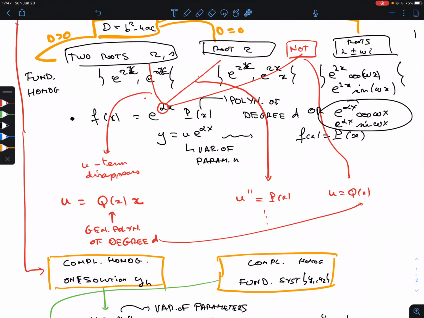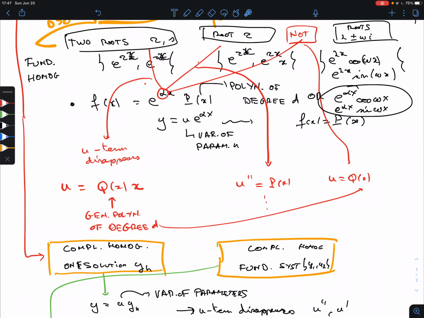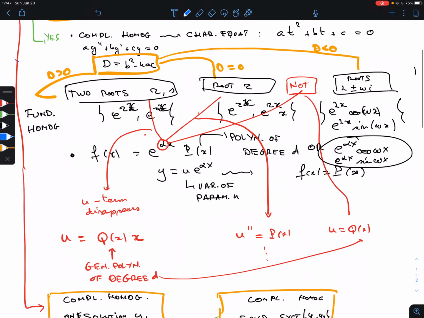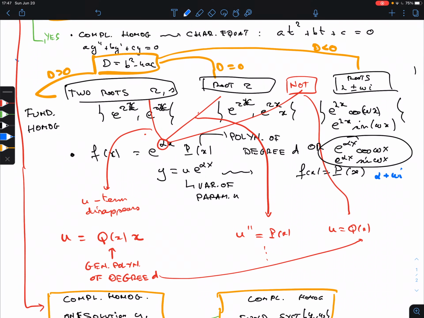If it's not a root, then we do the same substitution as before. I'll do it in blue. Let me write it up here. So the question is: is alpha plus omega i a root?